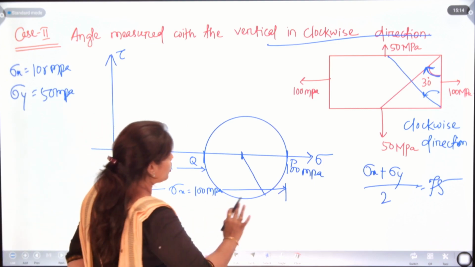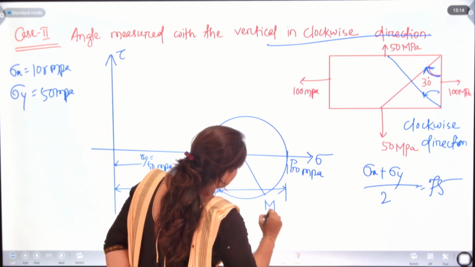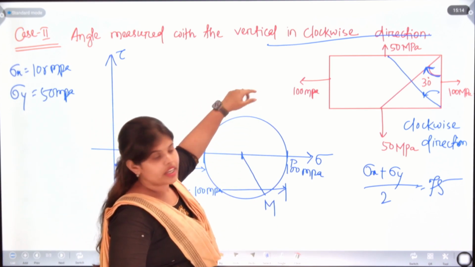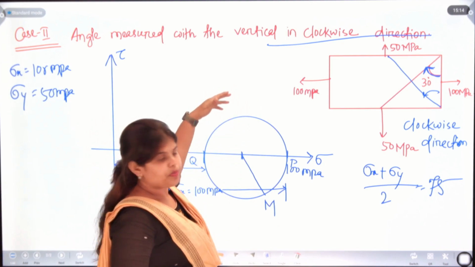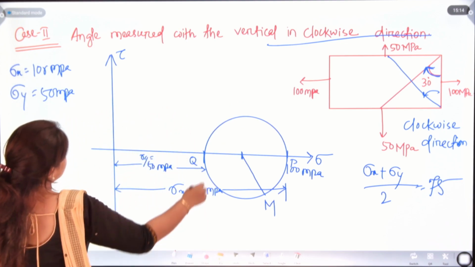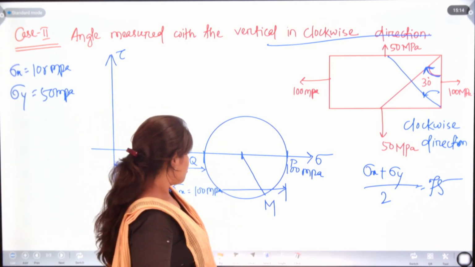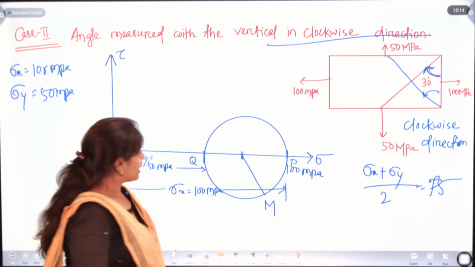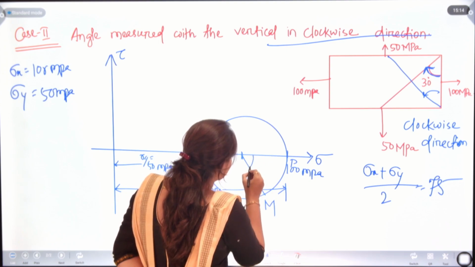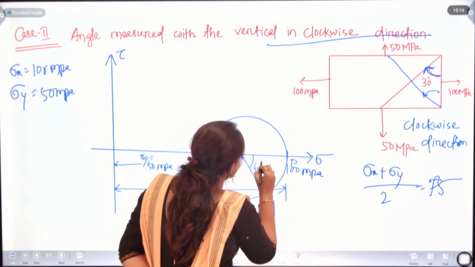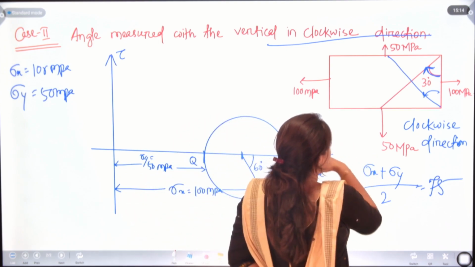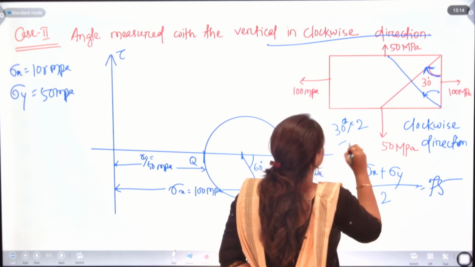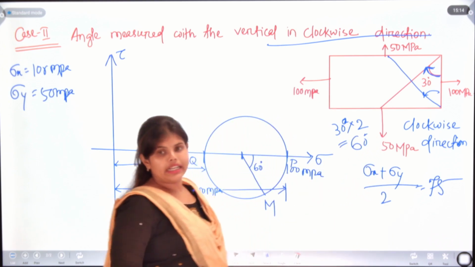There is nothing more to change, the only change is direction. If it is anticlockwise, we will draw the diagram on the positive side, and if it is in clockwise direction, we will draw it on the negative side. Here the angle is 60 degree, because I have already said that in case of Mohr circle, it will be 30 degree into 2, that is 60 degree, right.